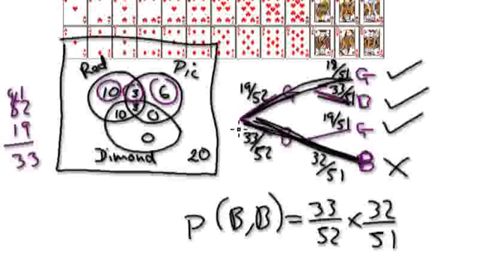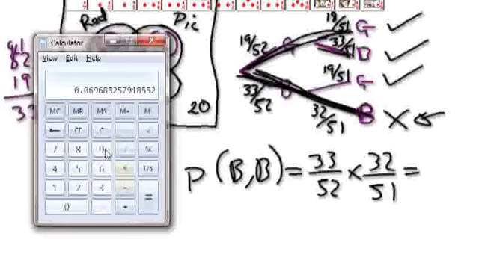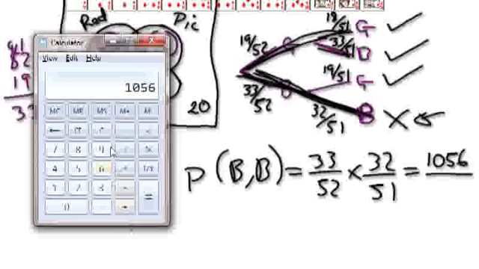So jump to your calculator. Clear it. 33 times 32 equals 1056, over 52 times 51.